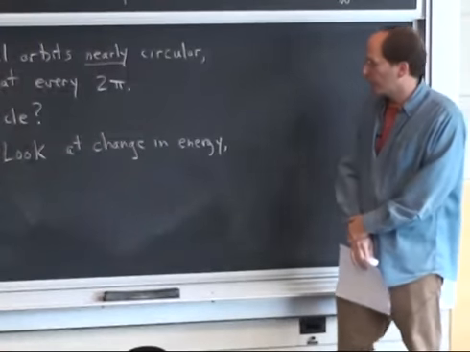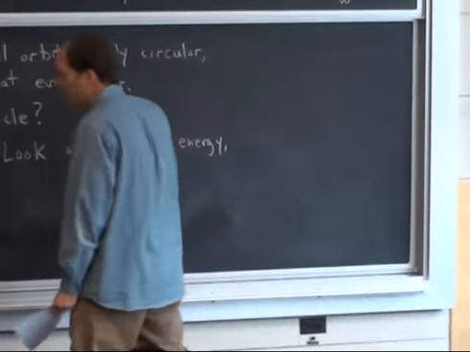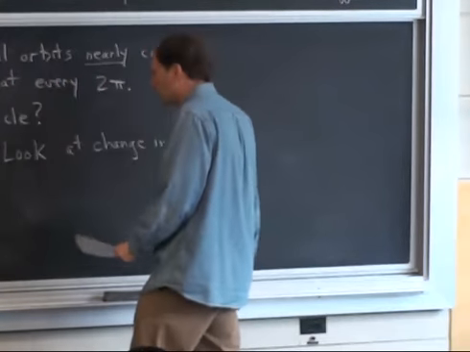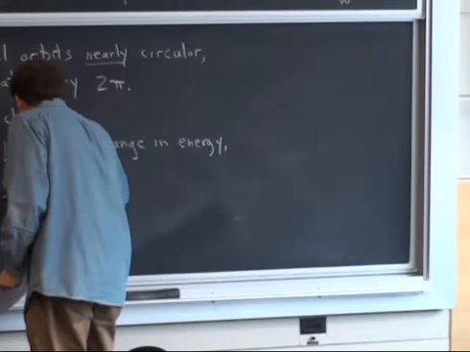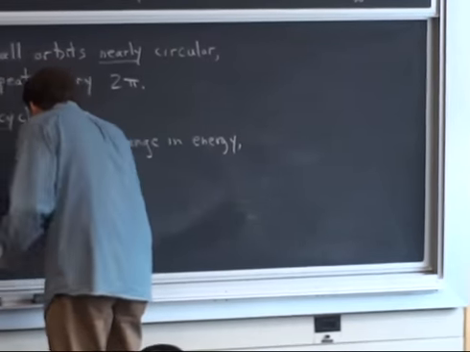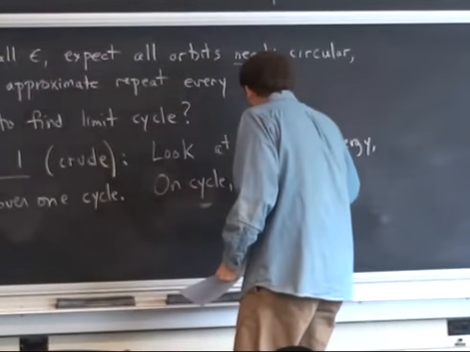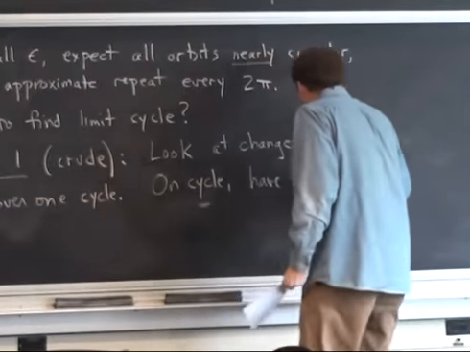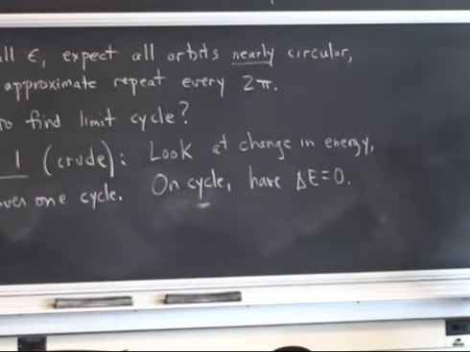Okay, so it's this kind of power consumption argument that will lead us to an estimate of the cycle itself. So we should have, on a cycle, as opposed to on a spiral, delta energy exactly equal to 0. So that's going to be our criterion.